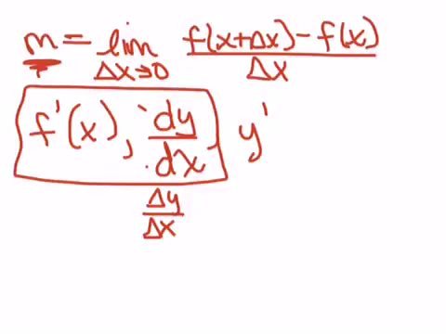So let's look at an example really quick. We might look at a couple using this limit notation and going through the algebra steps to find the derivative of a function. Let's look at the function y equals, or f of x equals, 3x squared minus 2.